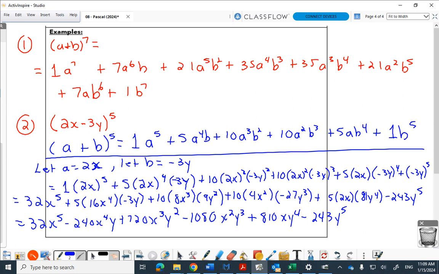Negative 240, yes. 10 times 2 to the power 3 times negative 3 squared. 720, yes. 10 times 2 to the power 2 times negative 3 cubed.